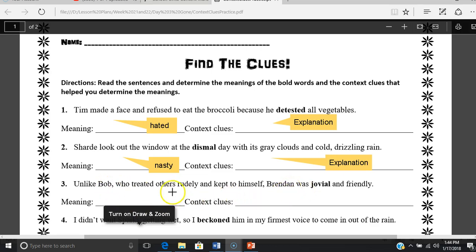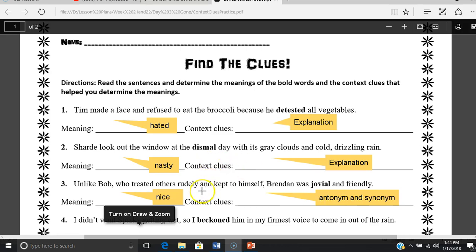So first of all, I see that they're comparing Bob and Brendan in this sentence. And second, I see where they're saying Bob is rude and Brendan is the opposite. And they also use the word friendly. So I can assume or infer that jovial means nice. The context clues that I used were both antonym and synonym.